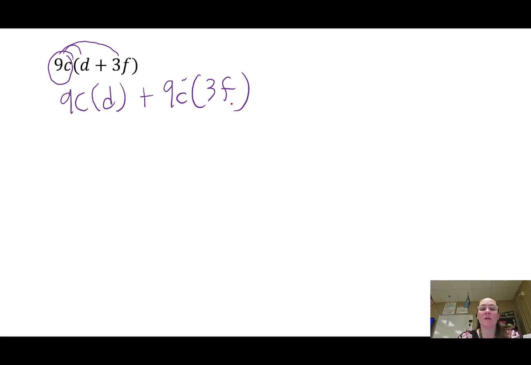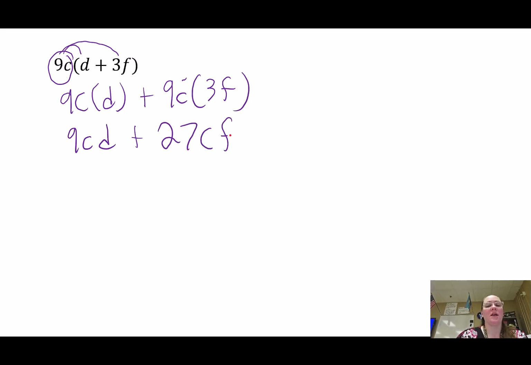If we have the same variable, we would change some exponents, but in this case, 9c times d just gives me 9cd plus 9c times 3f. Well, 9 times 3 is 27. And then we just get cf. And since I do not have like terms, there is my answer.